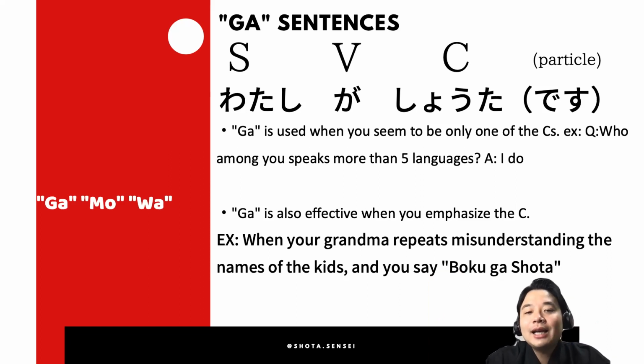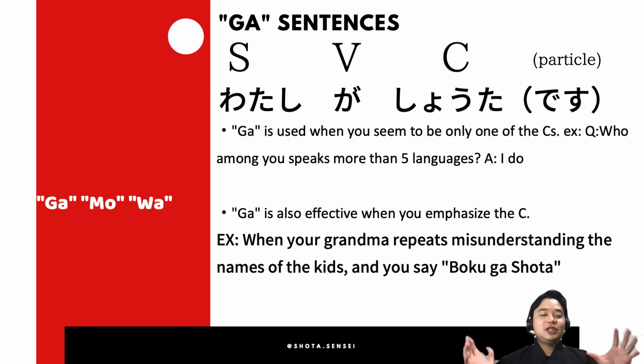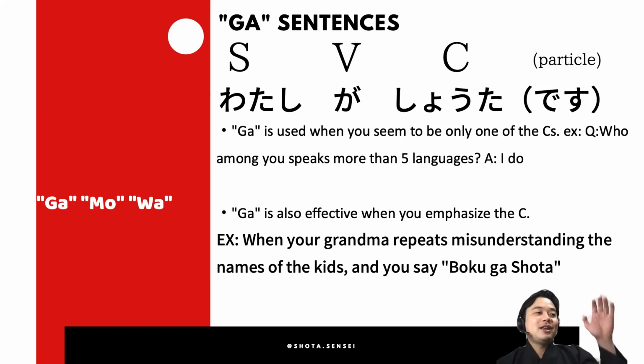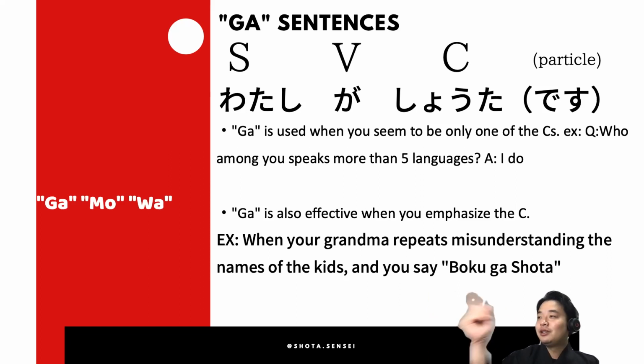Okay, next one. Ga is also effective when you emphasize the complement. So, how about this example? Okay, your grandma is kind of forgetful, and she just makes the same mistakes all the time. She mixes up the names of the grandchildren. Okay, and she calls the kids by the wrong names. Yuta, Kota, Yota, and then Shota, and she points out the different brother, Shota.